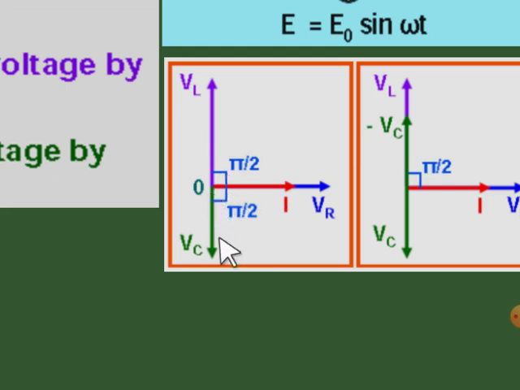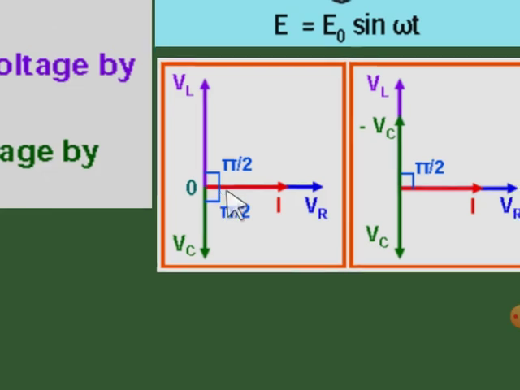In the case of a capacitor, the voltage VC lags behind the current by π/2; or rather, the current leads its voltage by 90 degrees, or π/2.